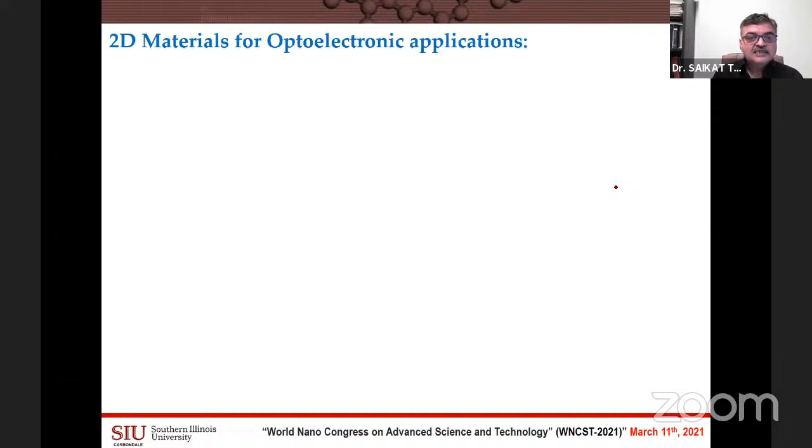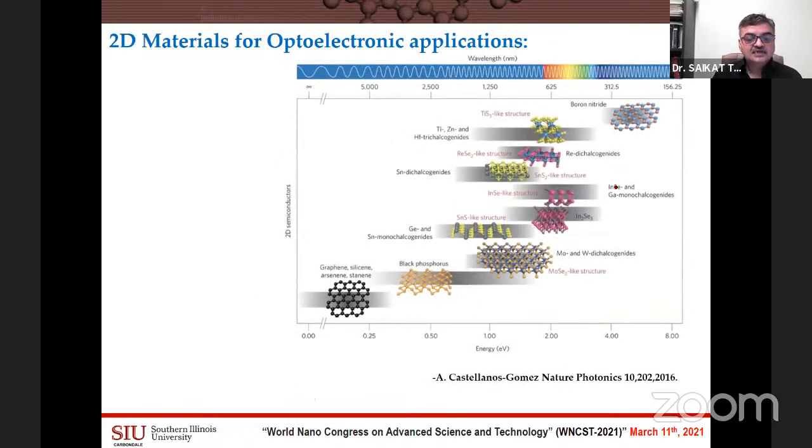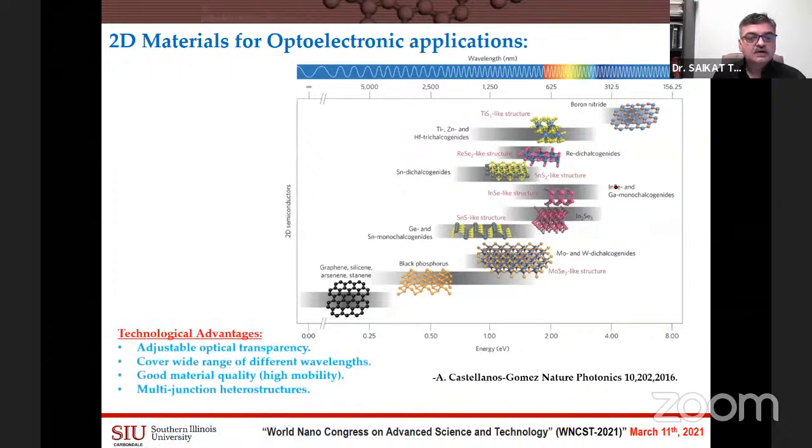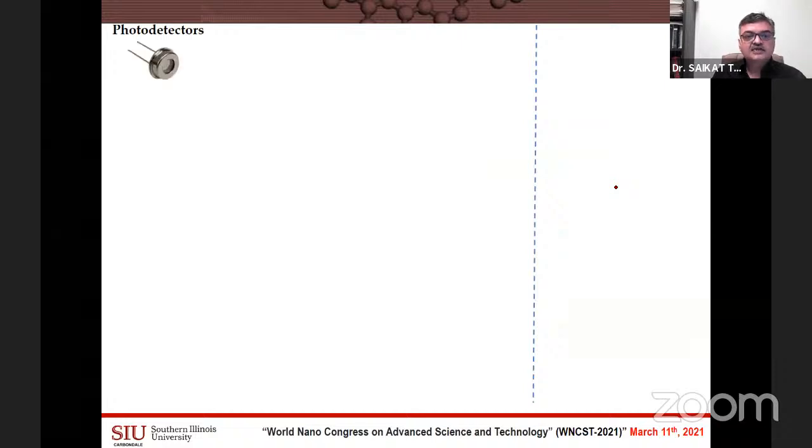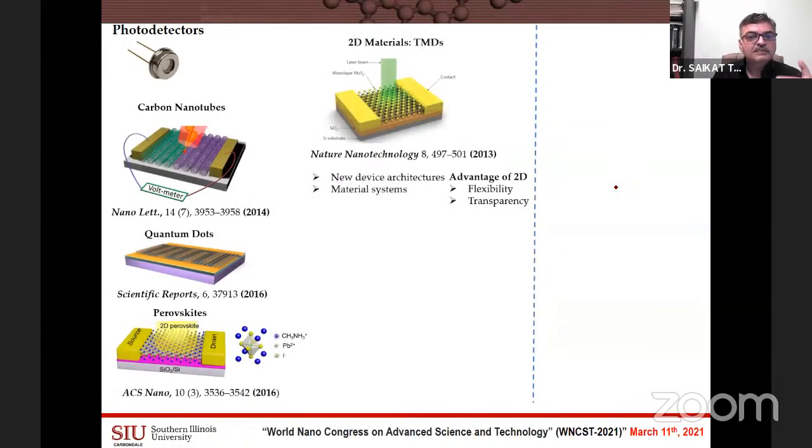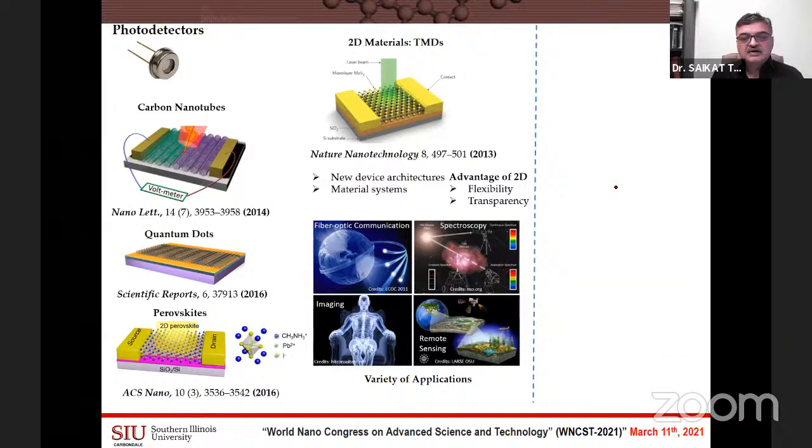What that means is that you can activate these materials by exciting with different kinds of wavelengths, so they are a very good candidate for making photodetectors or photo switches. People have looked at so many different materials. It has huge applications in, of course, IR detectors, imaging, remote sensing, you name it.